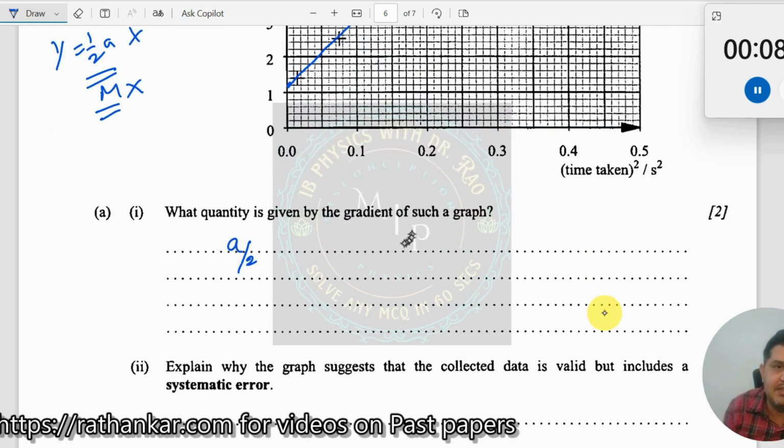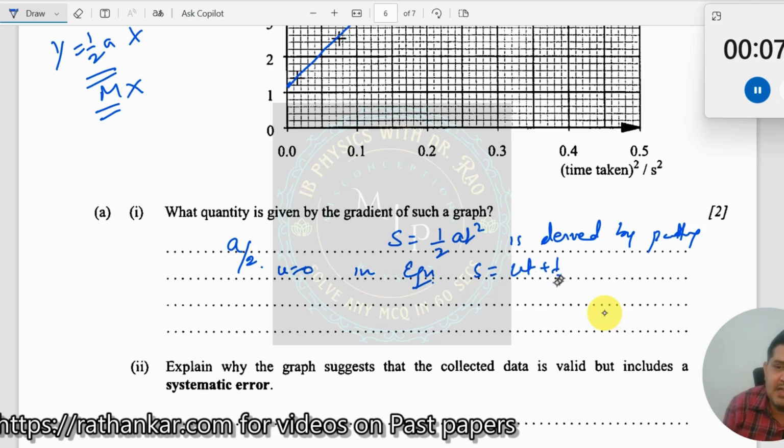First you write s equal to half at square, derived by putting u equal to 0 in the equation s equal to ut plus half at square, so that this becomes half at square.